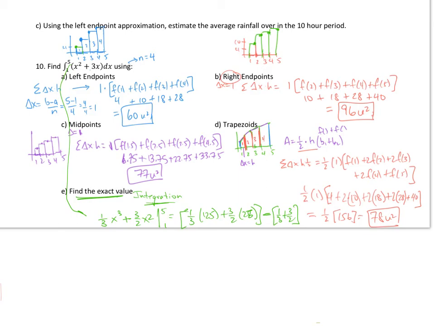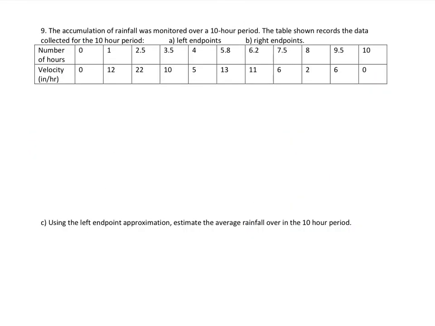So this ends up being 475 over 6 minus 11 over 6, which yields 232 over 3 square units after I simplify it, and that's about 77 1/3 square units. So taking a look at this, compare these values. Midpoint and trapezoid is pretty close. Left and right are not. They're a good value off on this problem.